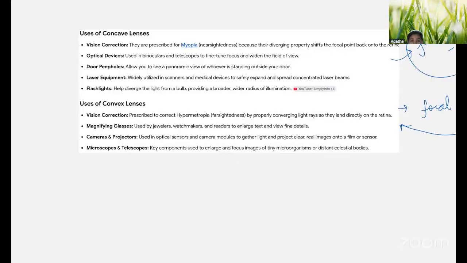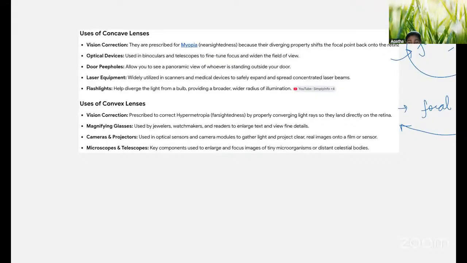Is there another way to know which is a concave or convex lens without applying a laser beam? If we take it in a dark room and put a torch, will we see the same effects? We can see it, but not clearly. For a clearer picture, we need a lens, and we can use concave or convex based on the use.